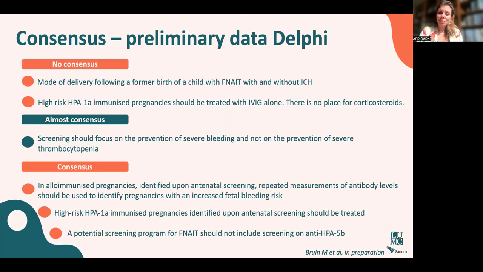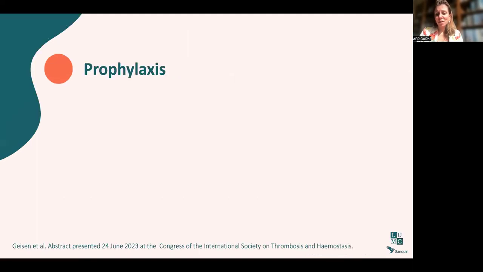So we hope to publish this manuscript soon and learn from each other and find out where we can reach consensus and otherwise what the reasons are not to find consensus. This is important to move on and see what we can do in research and looking at the best possibilities for patients with FNAIT.